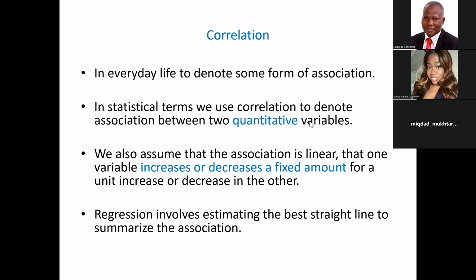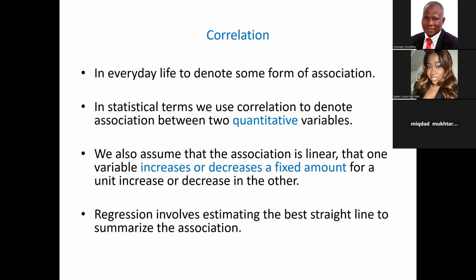If you remember, when I was talking about the different types of tests, I made mention of when you are having association between two quantitative variables. So that is correlation. You remember chi-square is association between two categorical variables, meaning both the exposure and outcome are categorical.